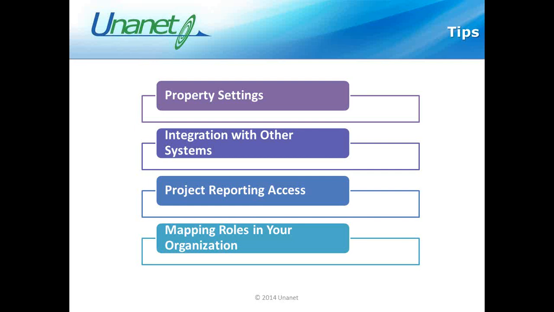So some of the first things to consider in tips are those property settings we talked about. There are a few settings that can enable, grant, or limit access or permission. I'm going to go over one here shortly. Secondly, some considerations to be made when setting up roles is the integration with other systems. You might want to be sure your roles are mapped appropriately and that the data is able to flow from mapping your Unanet roles with any other systems from a project perspective that you're reporting on or sharing information on.